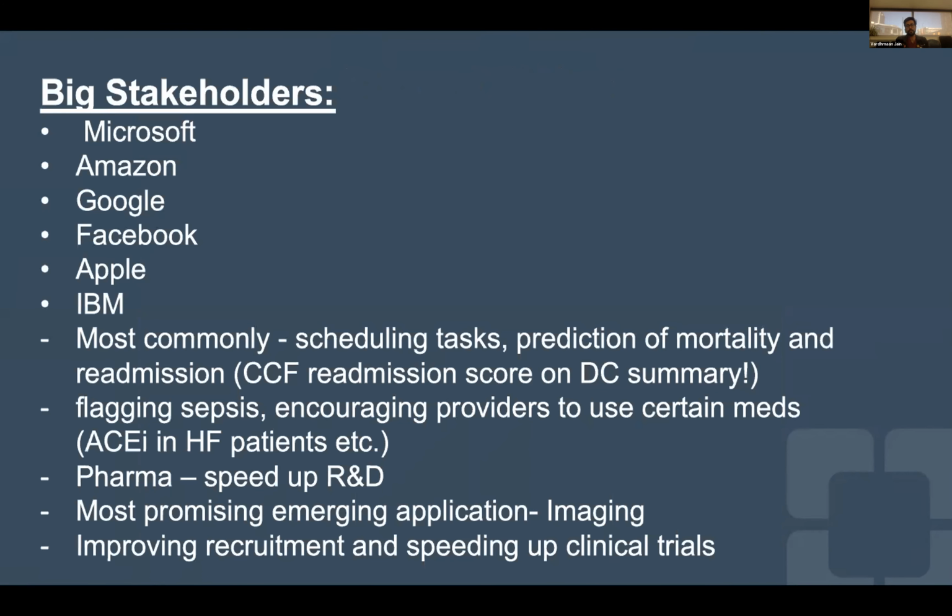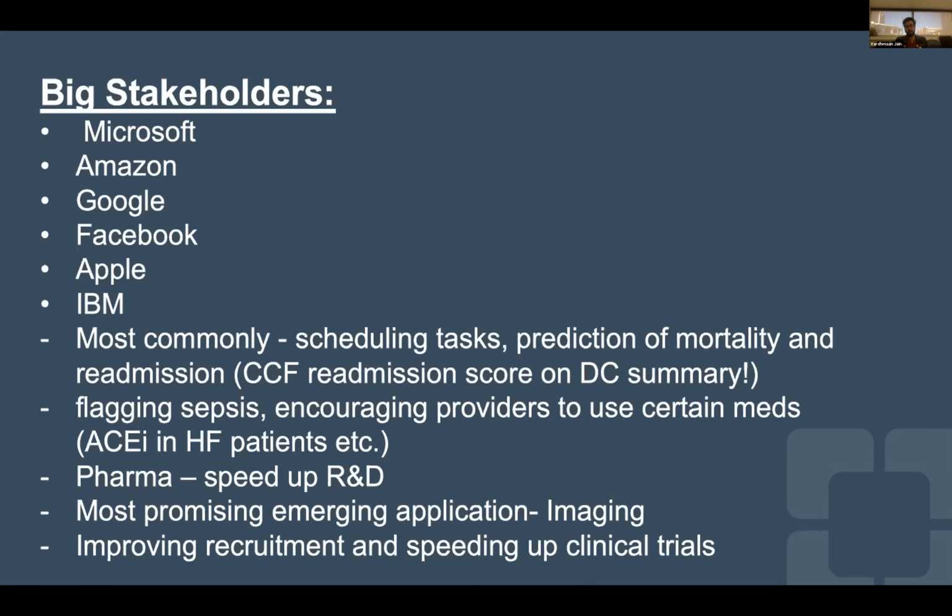And just as a brief note, some of the big stakeholders right now are Microsoft, Amazon, Google, Facebook, Apple, and IBM. And of note, that retinal reading technology that we talked about was developed by Google, I think, in partnership with one of the hospitals, and that got FDA approval recently.